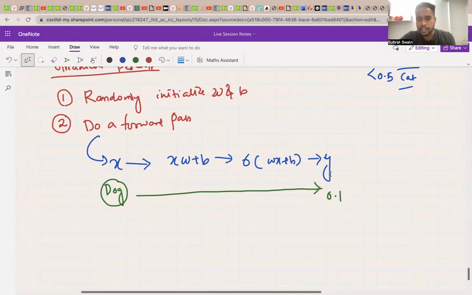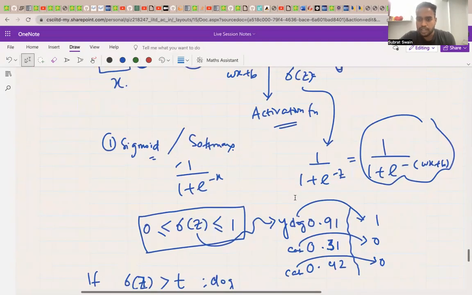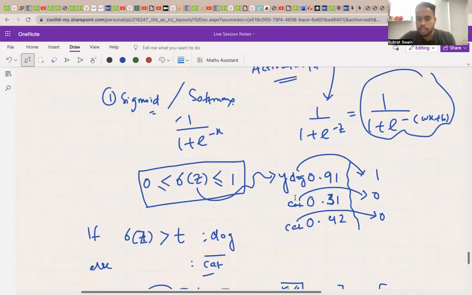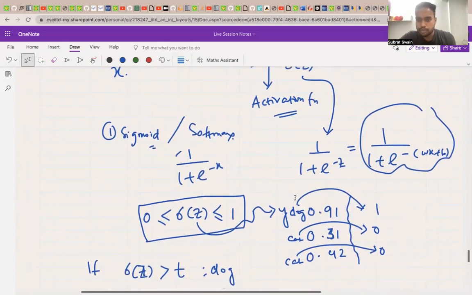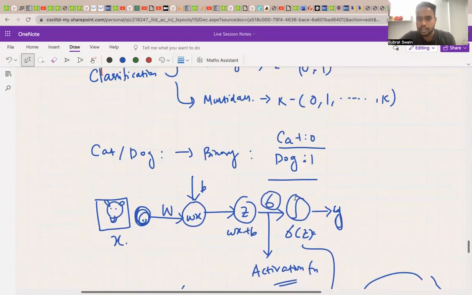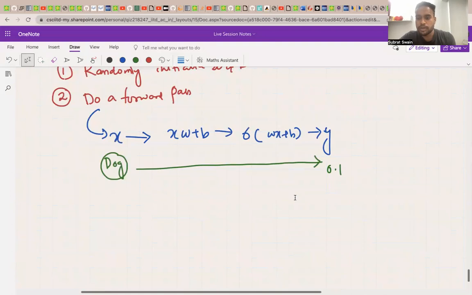Just tell in the chat, because we want the final score to be more than 0.5 to be a dog, right? But we're getting a score of 0.1. So are we in the right direction or are we missing something? Just tell in the chat or unmute and tell. I guess the interaction should be there.